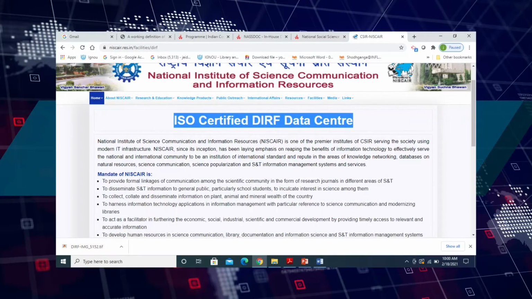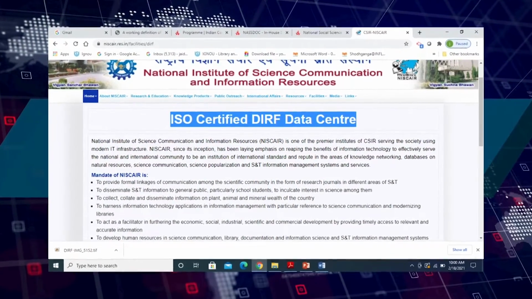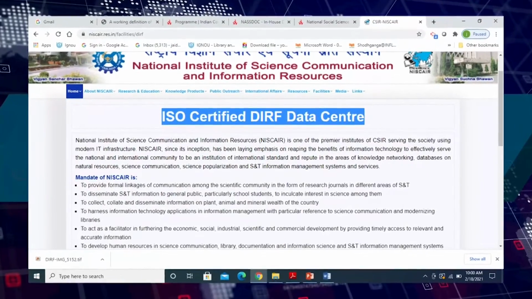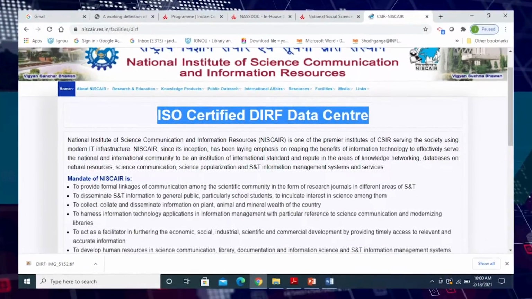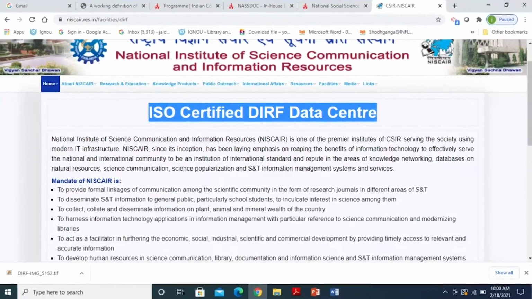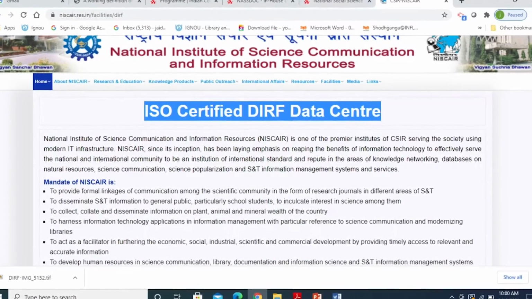Here you see an example of a data center. Our national documentation centers have changed names, as I was telling you earlier in our last sessions. NISCAIR, which was earlier called the Indian National Scientific Documentation Center, is now the National Institute of Science Communication and Information Resources.